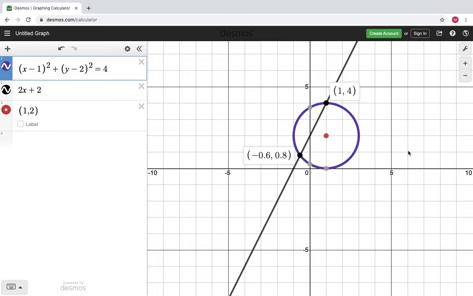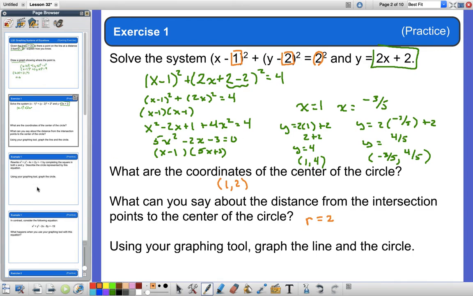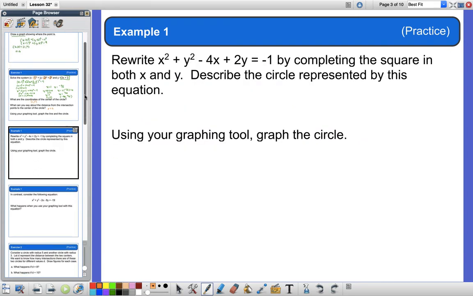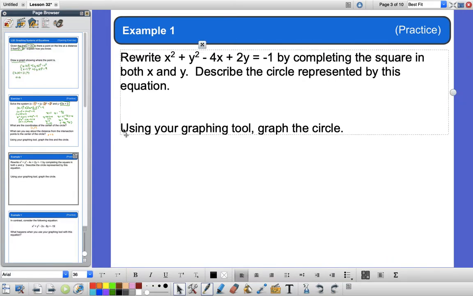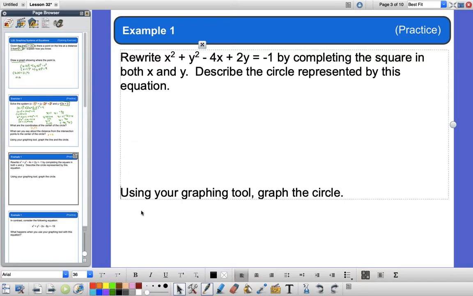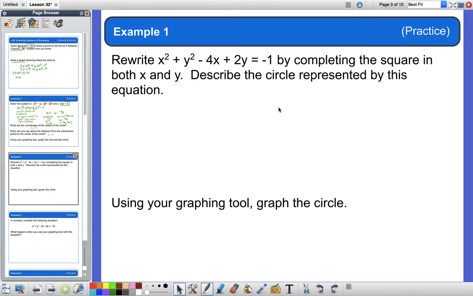So with that being said, we're going to take a look at example number 1, where they want us to rewrite this by completing the square. So we won't actually solve with completing the square. We're going to rewrite this. Or in other words, our goal here is to be able to write the equation of a circle.